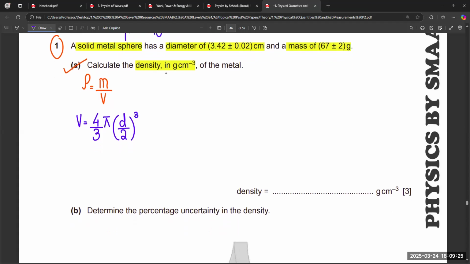So it is half of the diameter, and the rest of the values. So 3.42 divided by 2, because the true value of the diameter is 3.42, divided by 2.